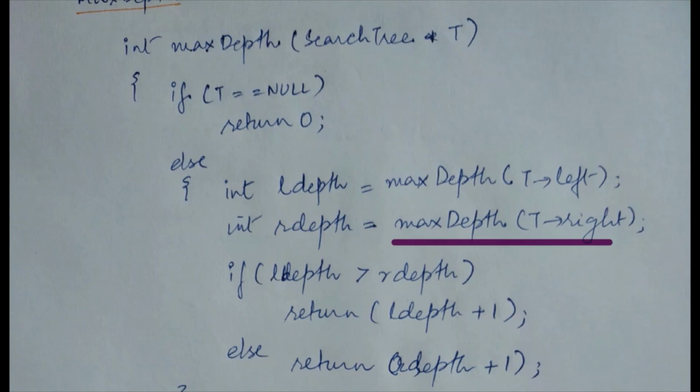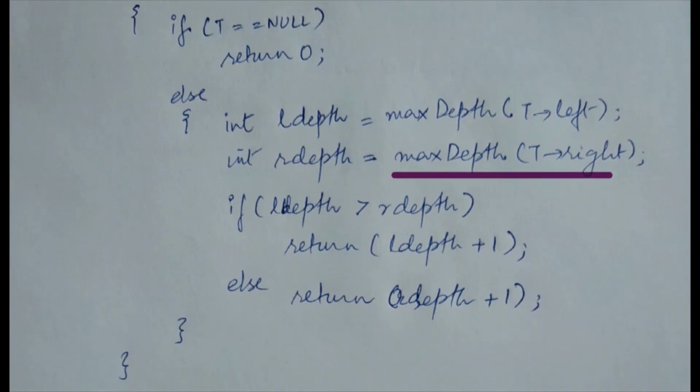If left depth is greater than right depth, you return left depth plus 1. Whichever is greater, plus 1, that is the path from root to the left or the right subtree, is going to be your height. So you will return that. And if t is null, you return a 0, so that takes care of the mathematical part.